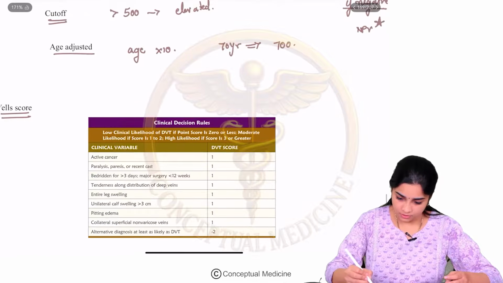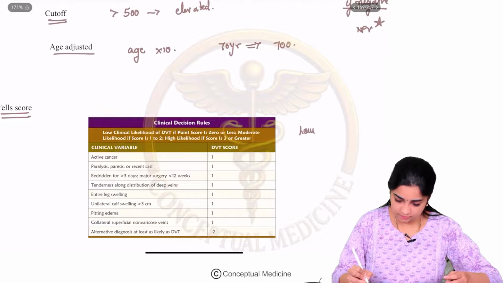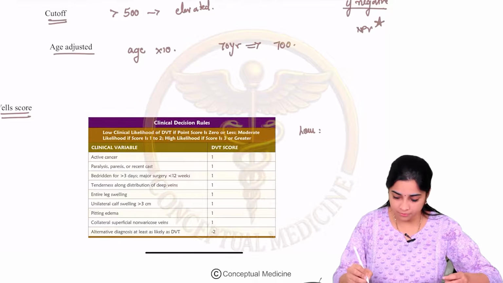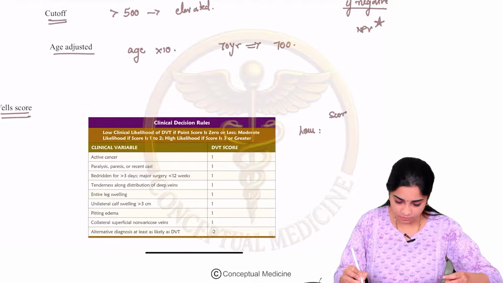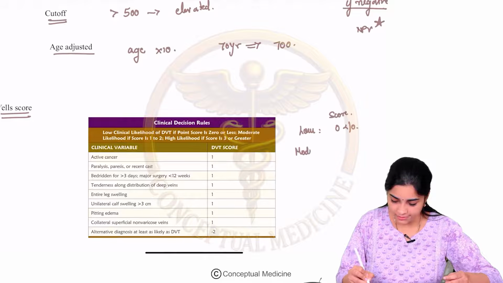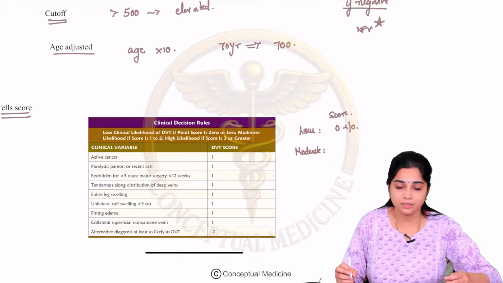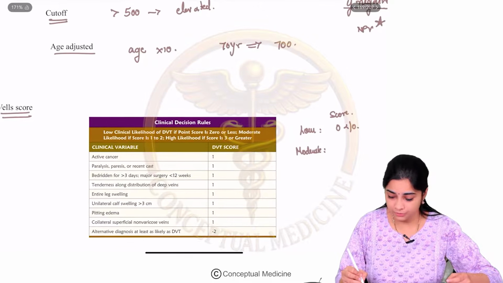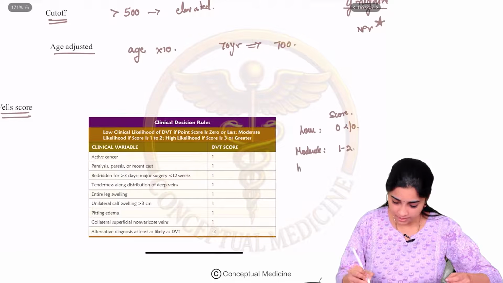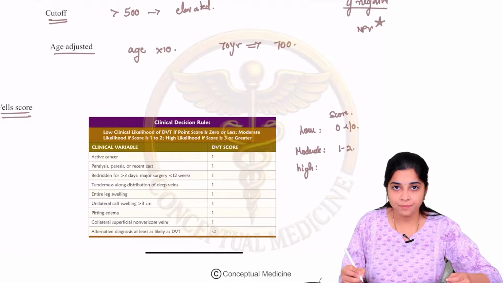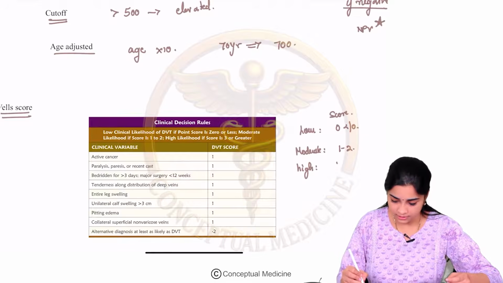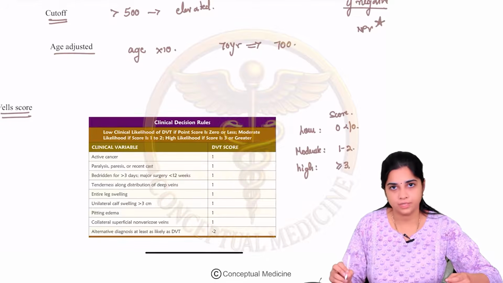A low clinical probability is when the score is 0 or less than 0. A moderate probability of having a PTE is when the score is between 1 to 2, and a high probability is when the total score is greater than or equal to 3.